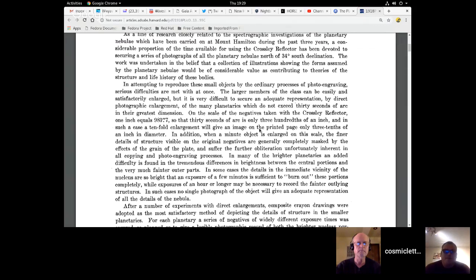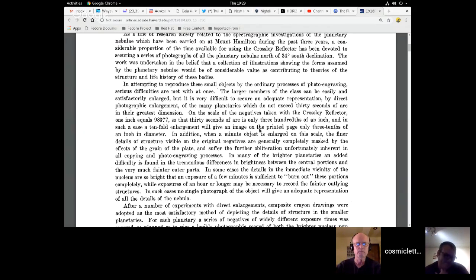And I believe the size of a grain in a photographic emulsion is less than a micron, I think. But what you lose, I think, is sensitivity. With photographic emulsion, I don't think you'd be able to see as faint objects given the same exposure time. So there's always a balance. We were talking about balance earlier. Here's a balance: do you want resolution, or do you want sensitivity to faint stuff?